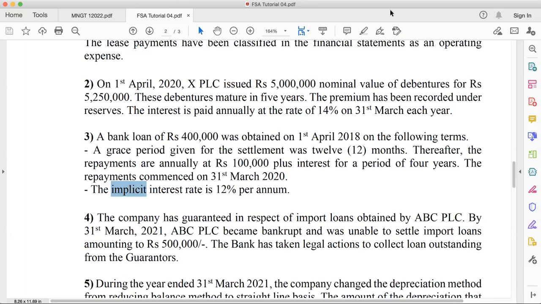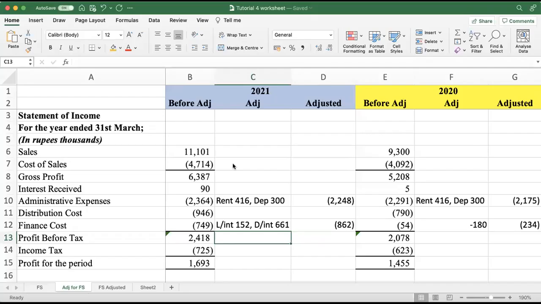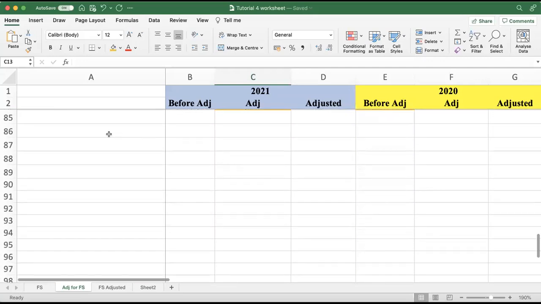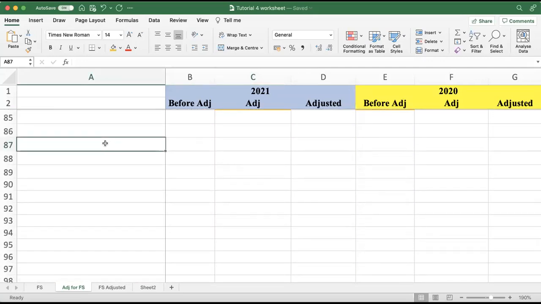Now let's see. We'll move on to another working. Working number 3, adjustment for bank loan.